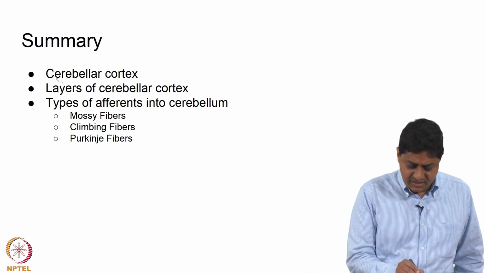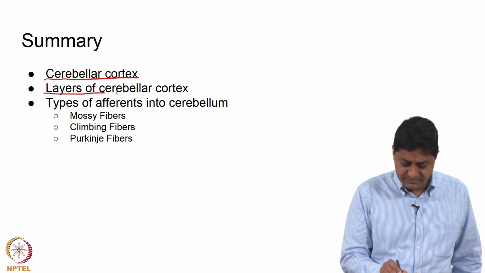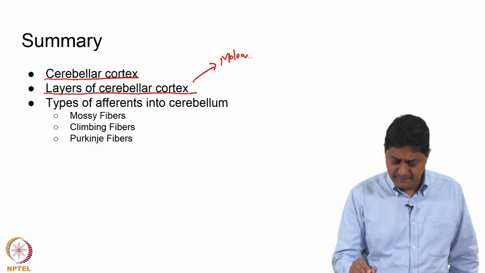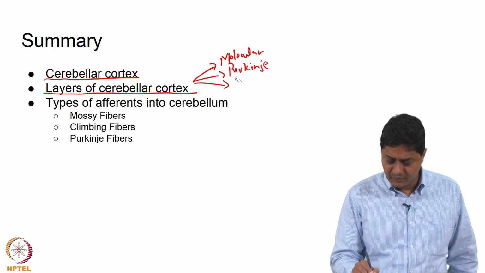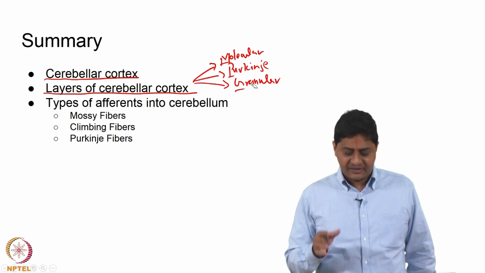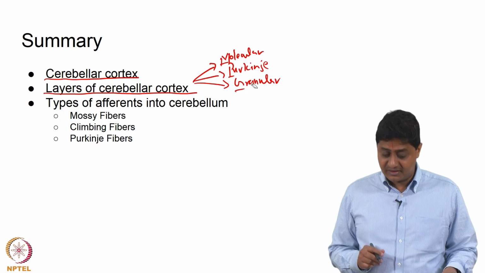So we discussed the 3 layers of the cerebellar cortex: molecular, Purkinje, and granular. This is the new MPG, right.